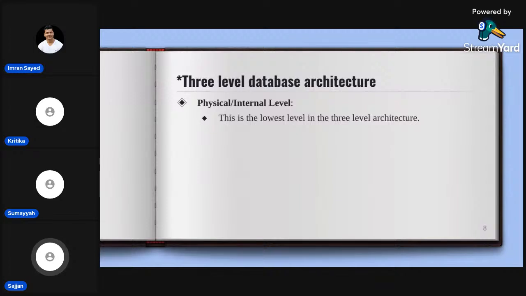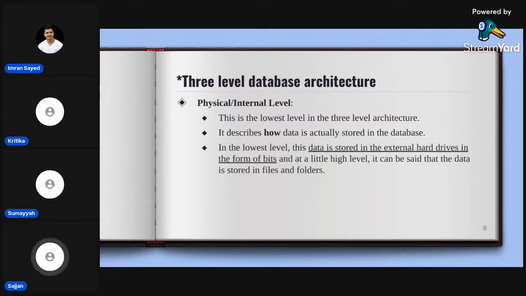Physical level: this is the lowest level in the three-level architecture. It describes how data is actually stored in a database. At the lowest level, the data is stored on an external hard drive in the form of bits, and at a slightly higher level, it can be said that the data is stored in files and folders. The physical level also discusses compression and encryption techniques.